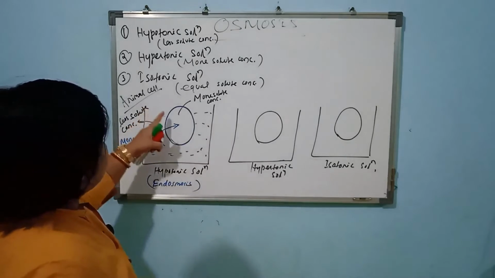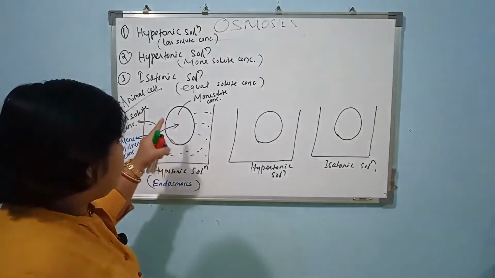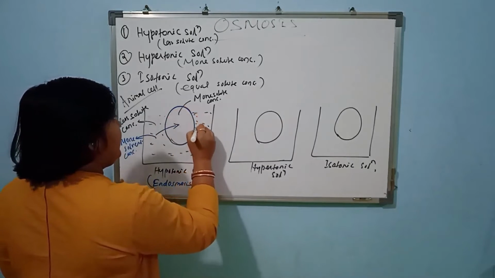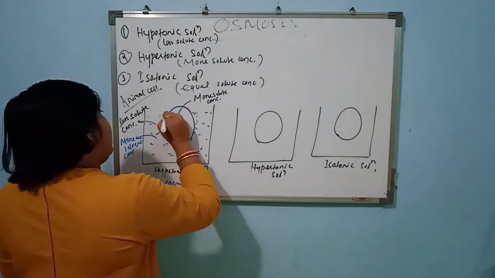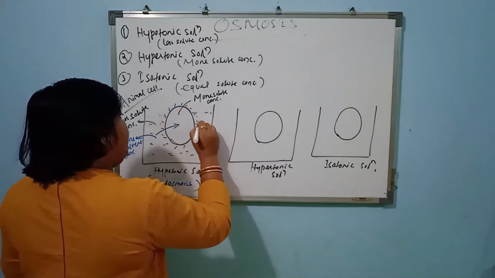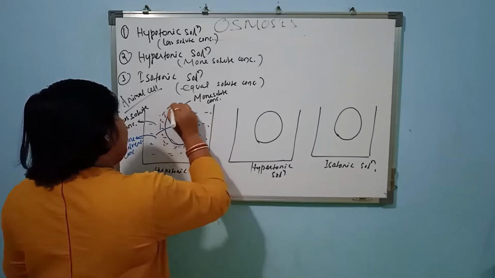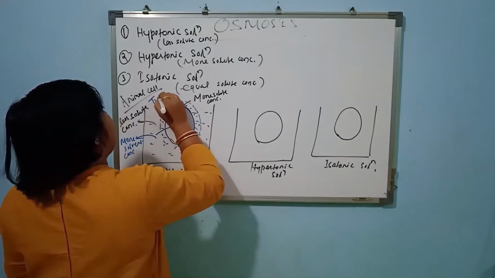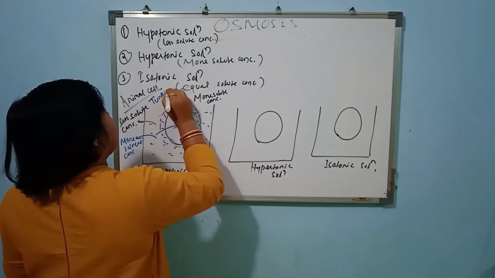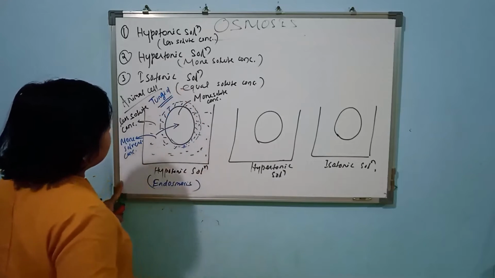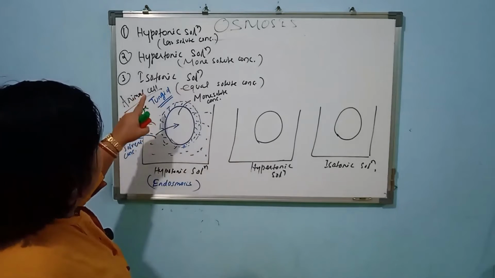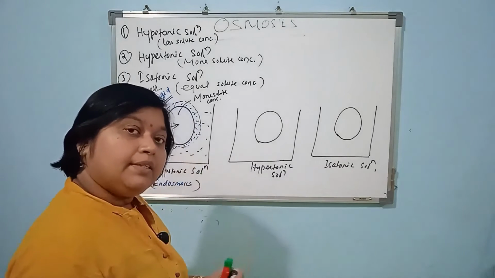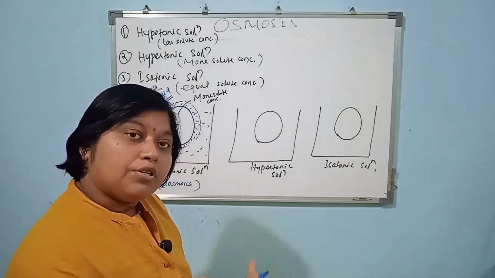When the solvent or water enters into the cell, the cell will swell, its size will increase. In this case you can say the cell will become turgid. And if you are keeping an animal cell, then the cell will enlarge after some time.